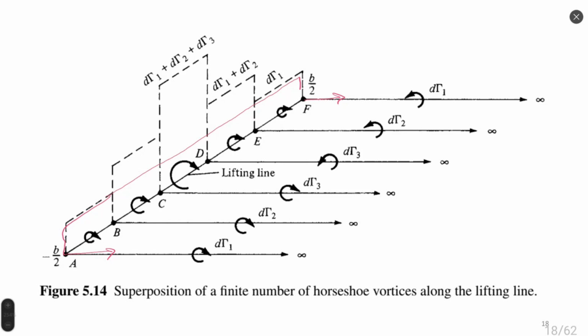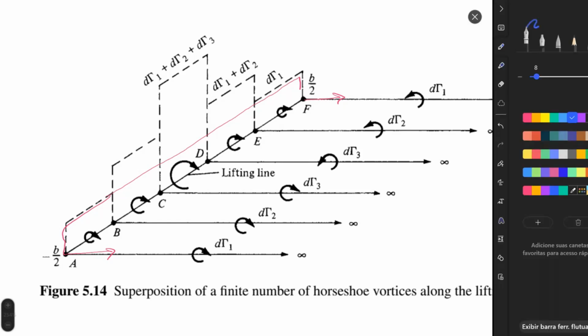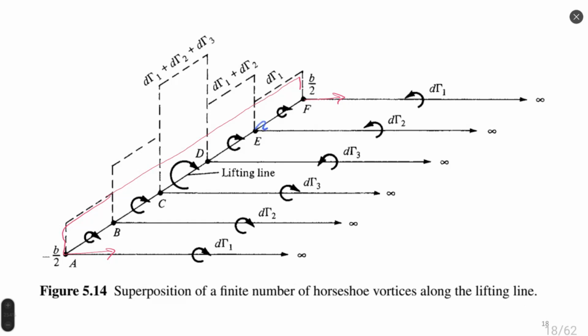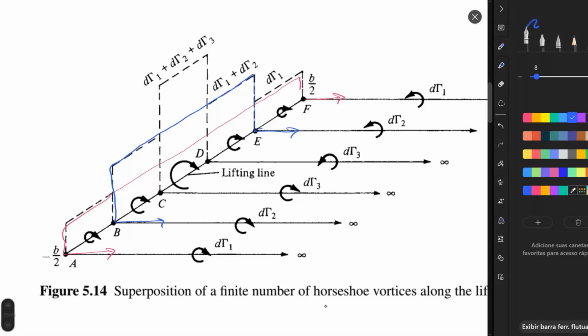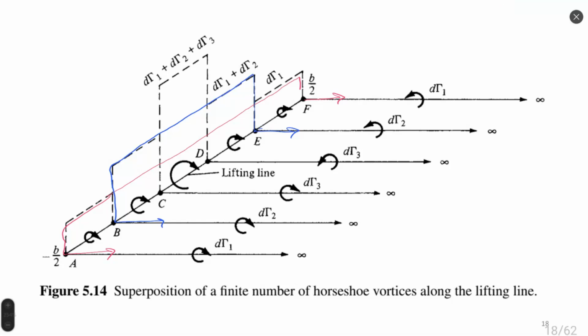Then there is a vortex gamma 2. I will use another color just to identify. This is another vortex, gamma 2, and it goes like this according to the blue color which I mark. And there is, let's say, a third one, in green color, maybe thicker. This is vortex number 3.